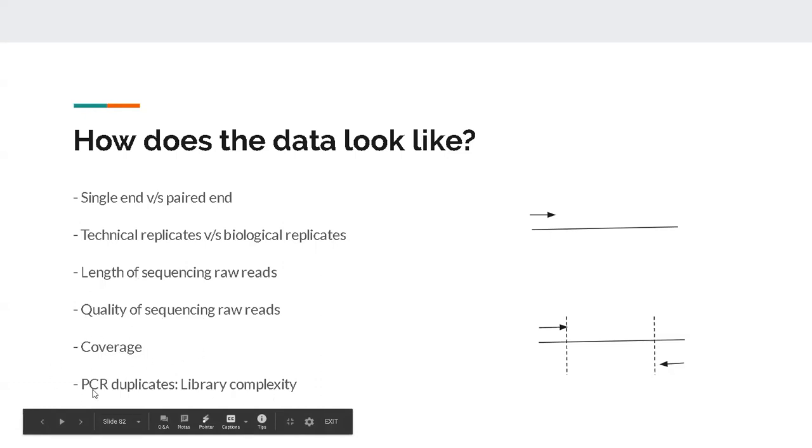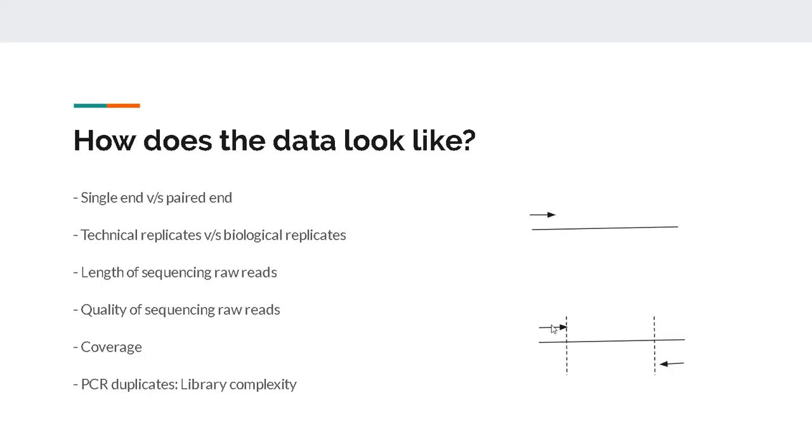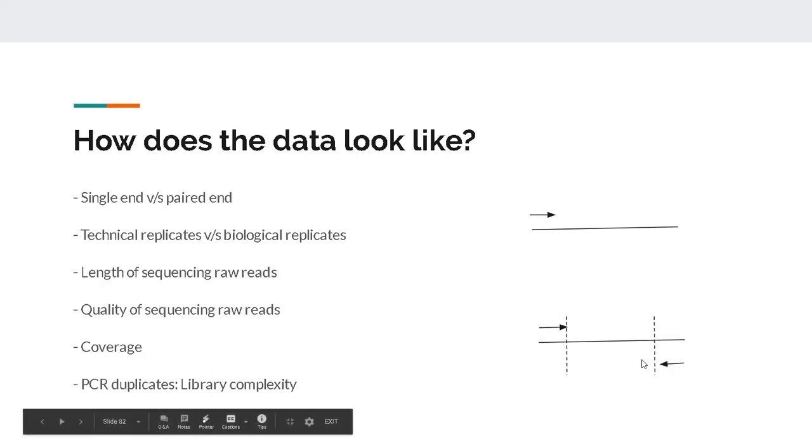And finally, PCR duplicates are also something you might want to look at, depending on the library complexity. What I mean by PCR duplicate is that if I give you paired end reads, and there are, let's say, 1,000 paired end reads mapping to the exact same position in the genome, it might be nothing but an amplification bias.